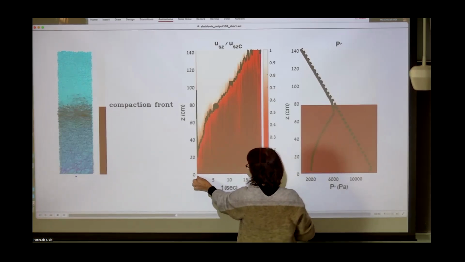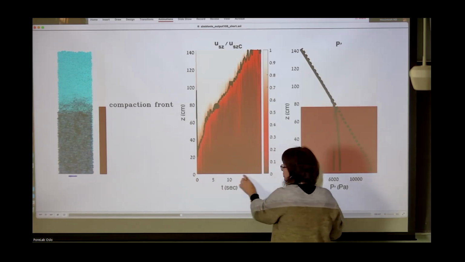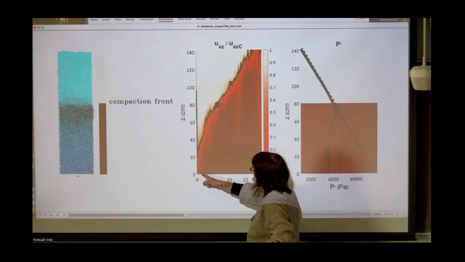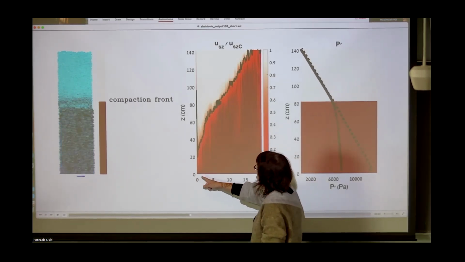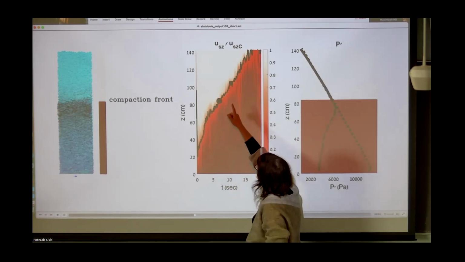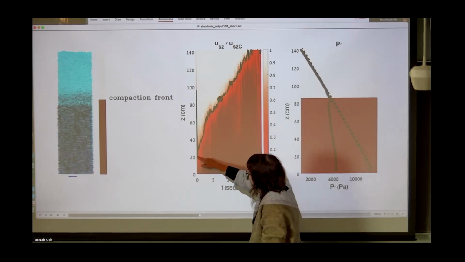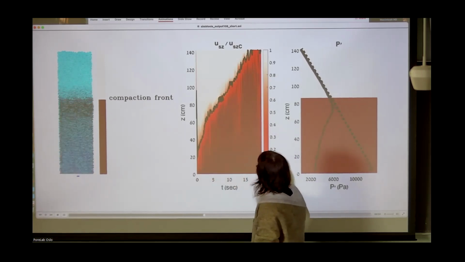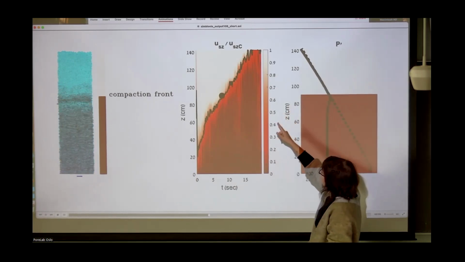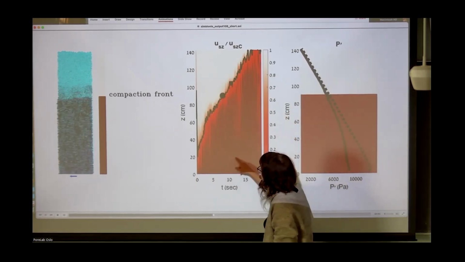Okay, and you can see here depth. It's horizontally averaged depth sections with time. So you'll see at the beginning, at time 0, this is the downward moving velocity of the grains. And it goes from 0 to 1. So this is 0, no velocity of the grains.